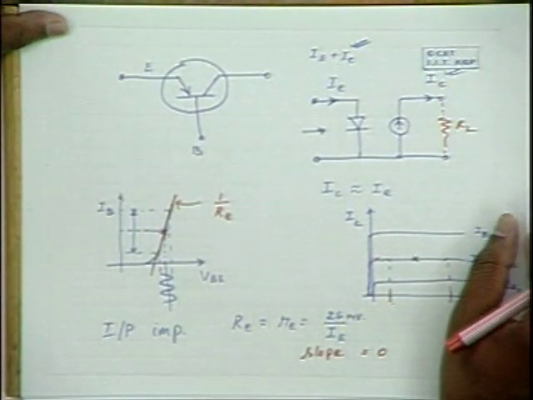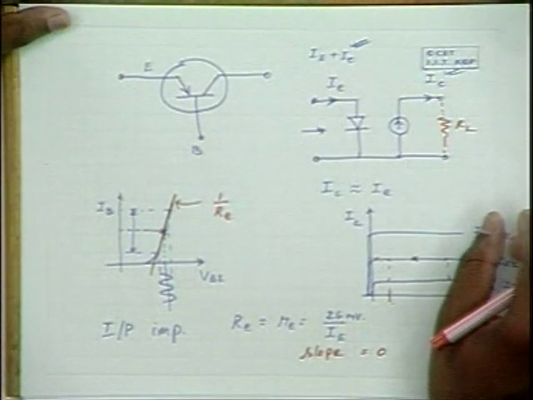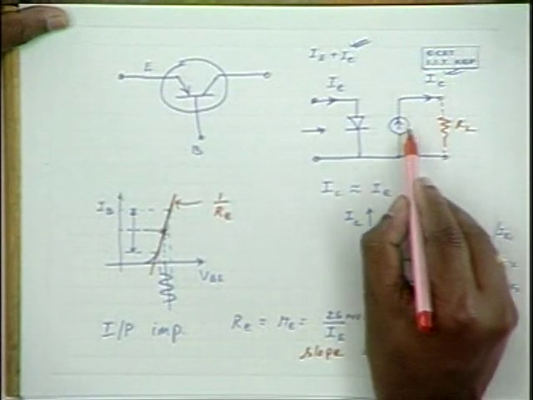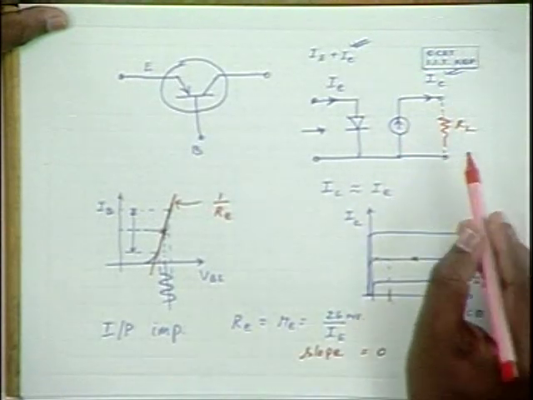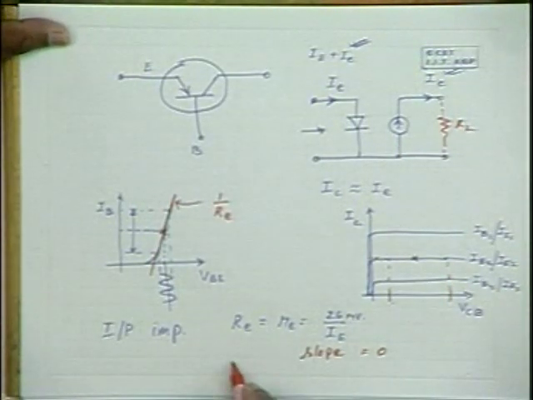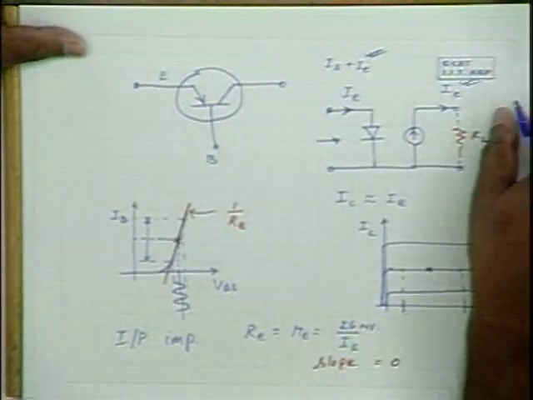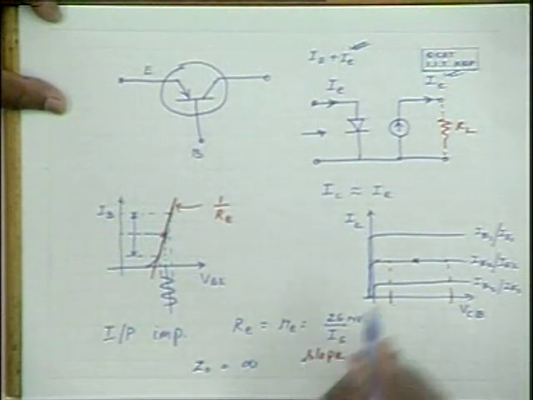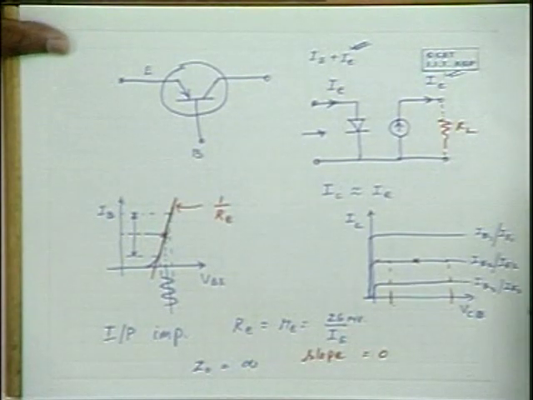It is of the order of hundreds of kilo ohms to mega ohms, which can be treated as infinity. Output impedance is infinity, so Z0 is equal to infinity in a common base configuration.